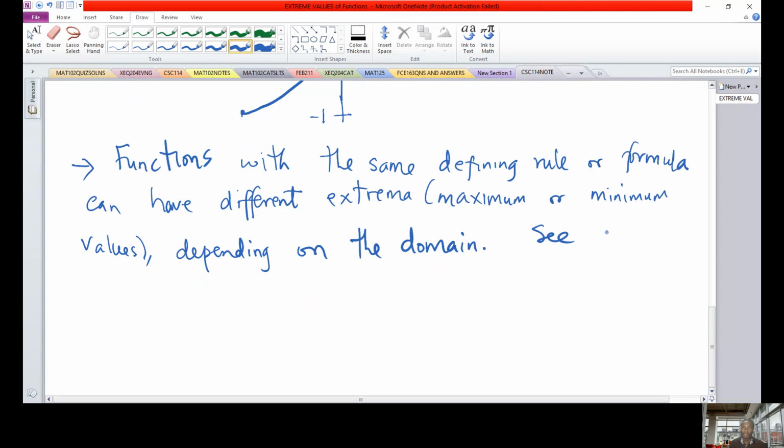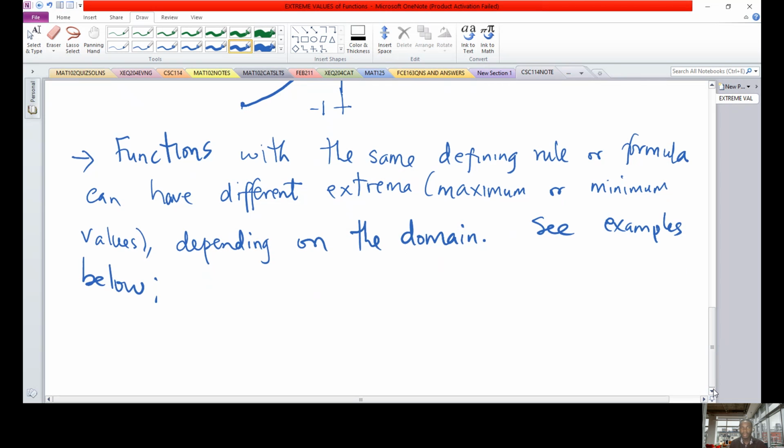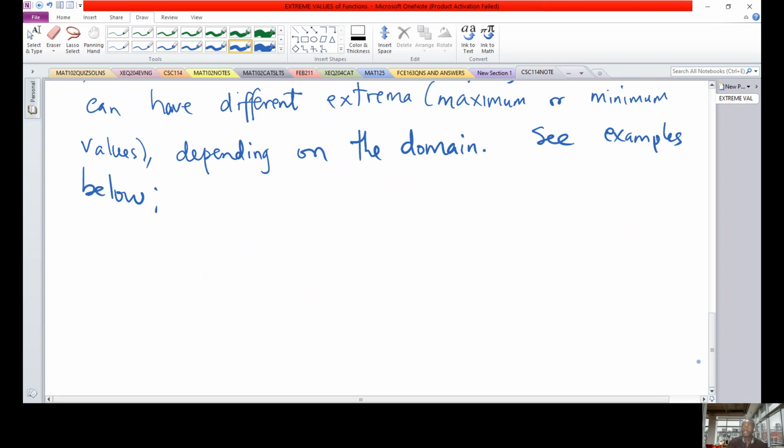See examples below. I'm going to draw some sketches for graphs of the same function on different domains to show their values.